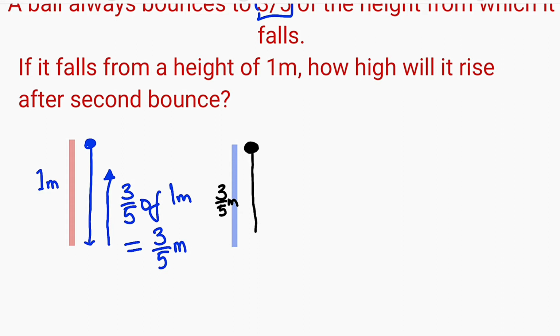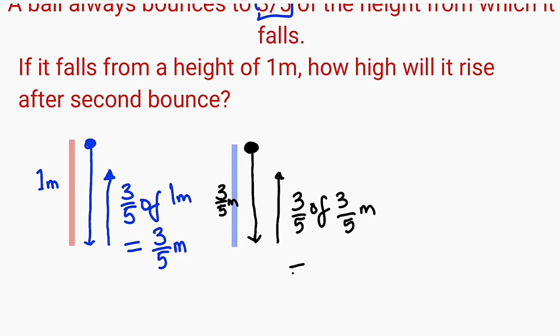It will drop down to hit the ground again. As well, it will bounce back to a height of what? 3/5 of this height, which is the new height, 3/5 meter.